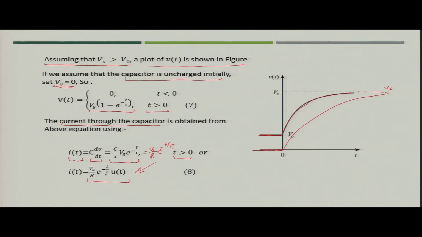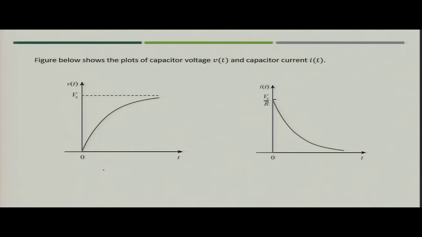Now, if you see these two equations, the voltage equation is increasing exponentially, and the current equation is decreasing exponentially, which is obvious because when the voltage across the capacitor settles equal to the source voltage, the current will eventually die out. This would be the response for the voltage across the capacitor.